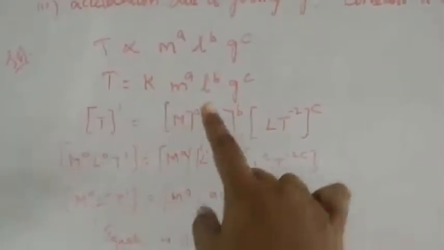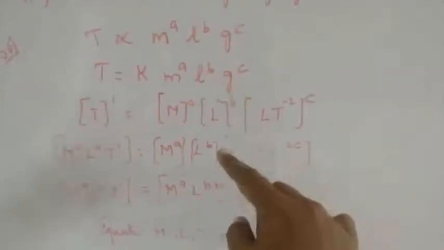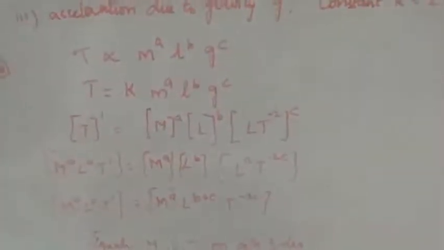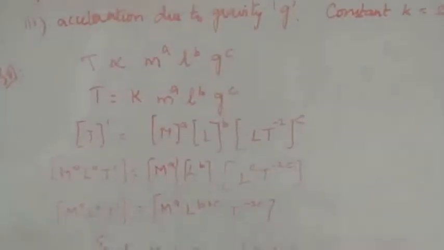So for m, mass, m power a; l is length, so l power b; g is acceleration due to gravity, and the dimension for acceleration due to gravity is l t power minus 2, whole power c.